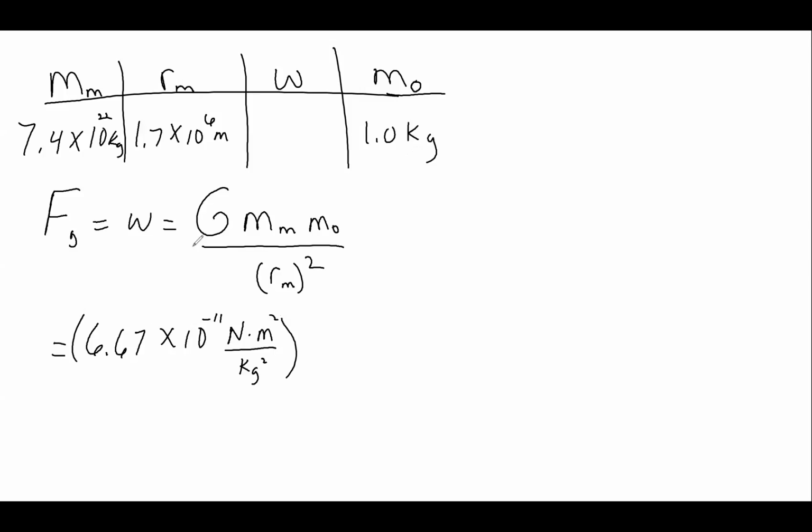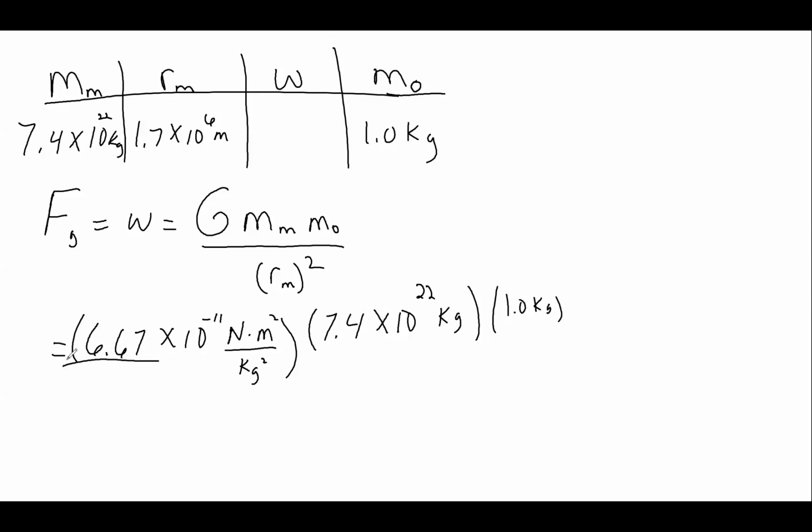So I substitute in the value of G. Now the mass of the moon is 7.4 times 10 to the 22nd kilograms, okay? The mass of the object is 1 kilogram.